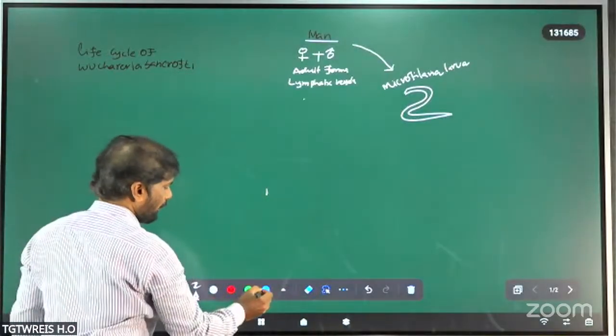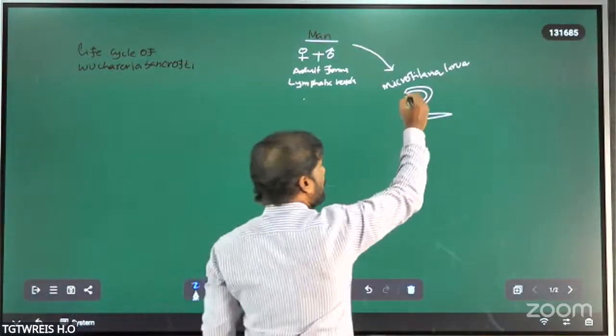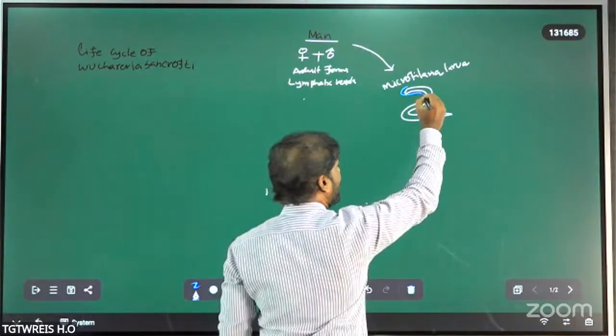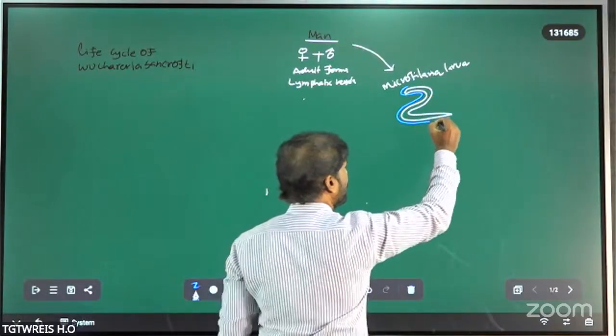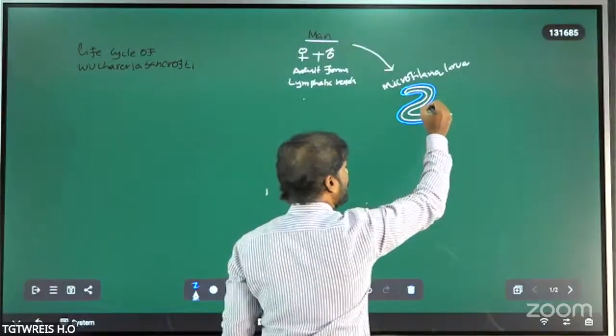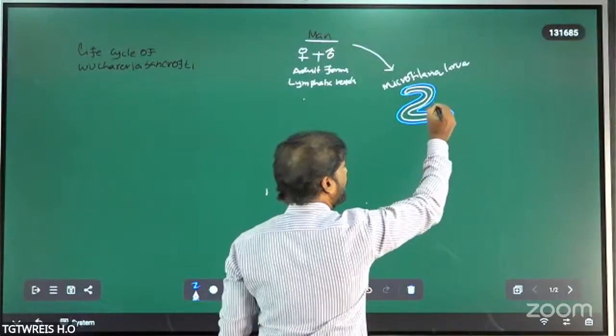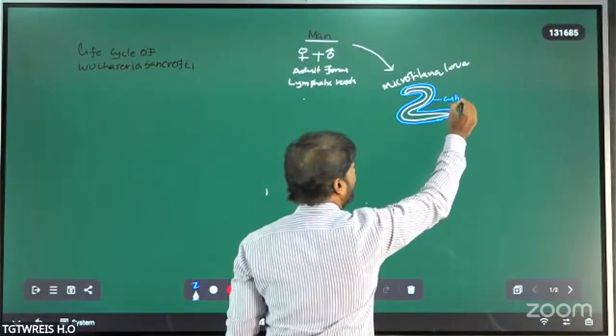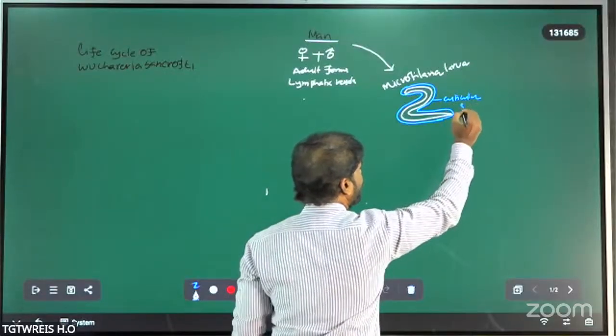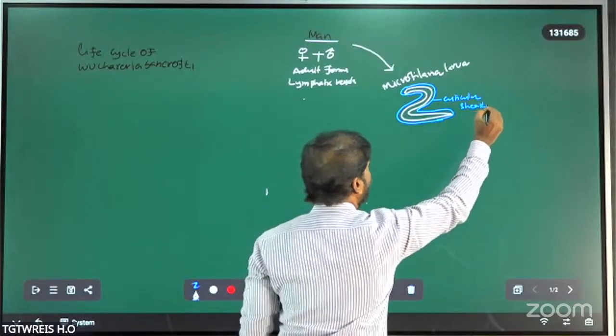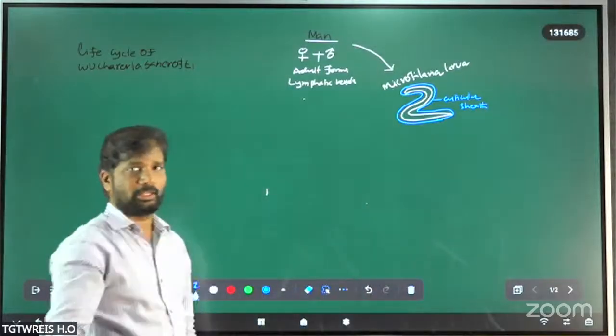This microfilaria larva is covered with a loose sheath. This is the loose sheath, this is the cuticular sheath. It is present around the microfilaria larvae.